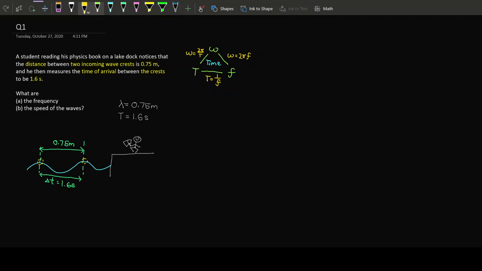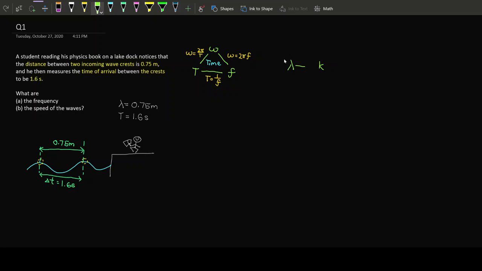Now this is an extension for chapter 10. These three variables are things that you see in chapter 9. Now we add on another two which you might not have seen before: the wavelength and the wave number.